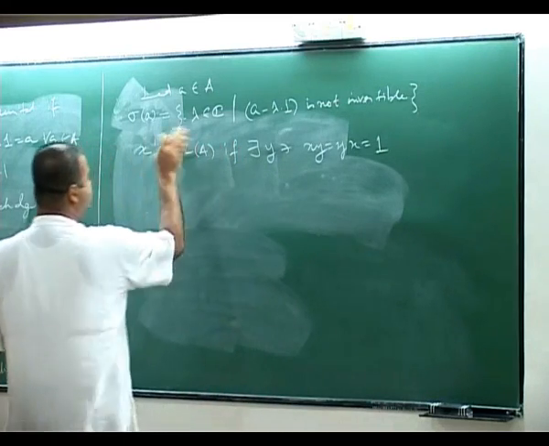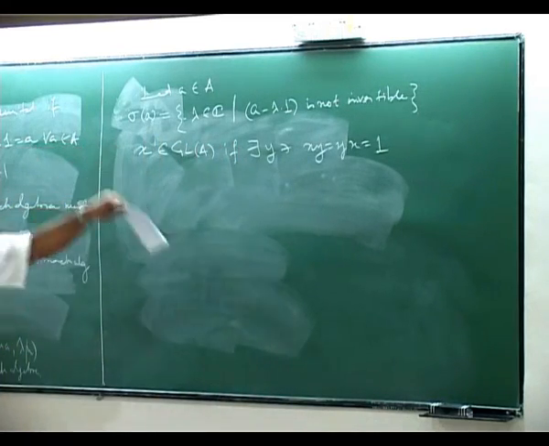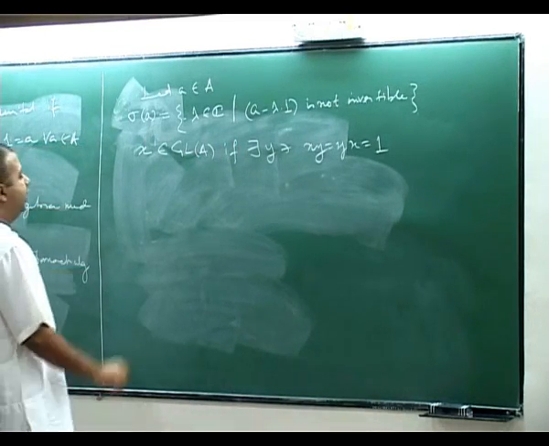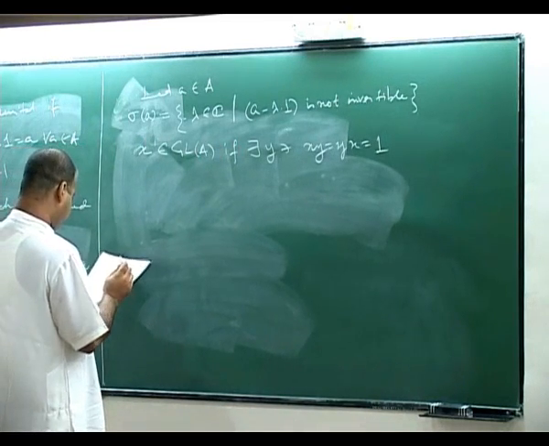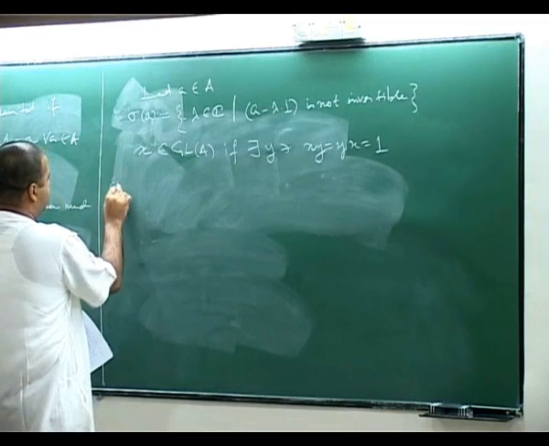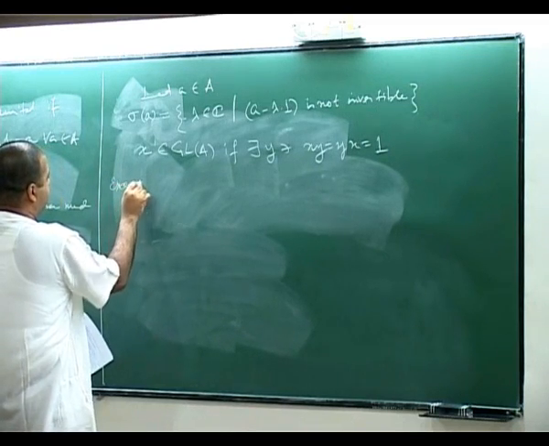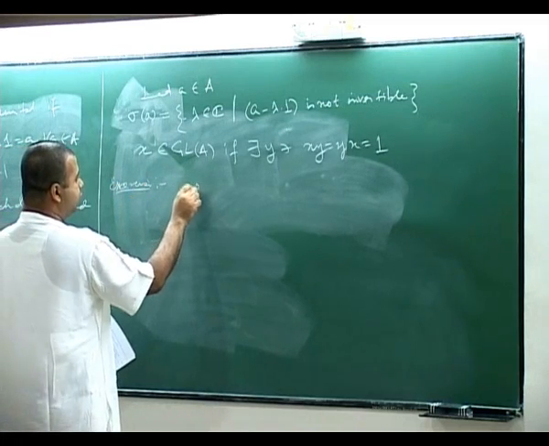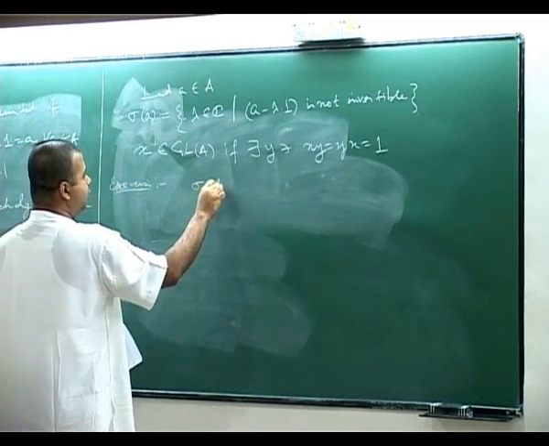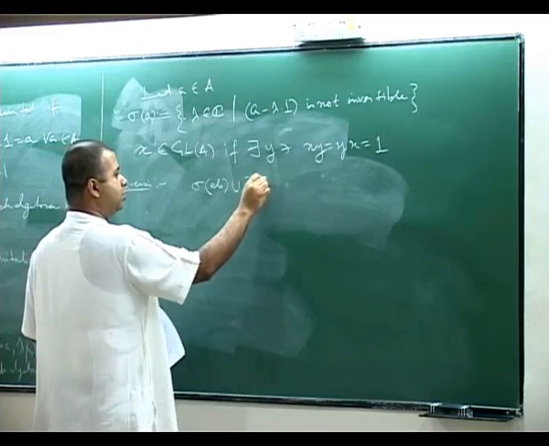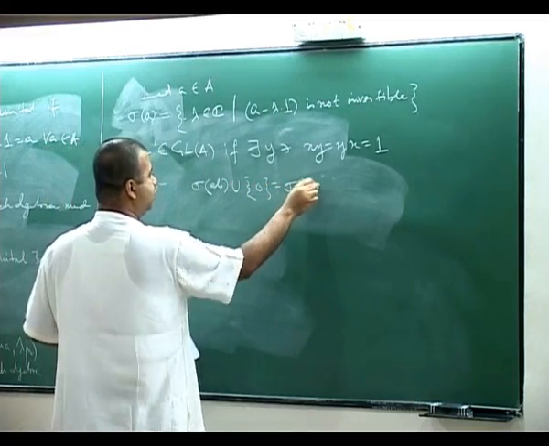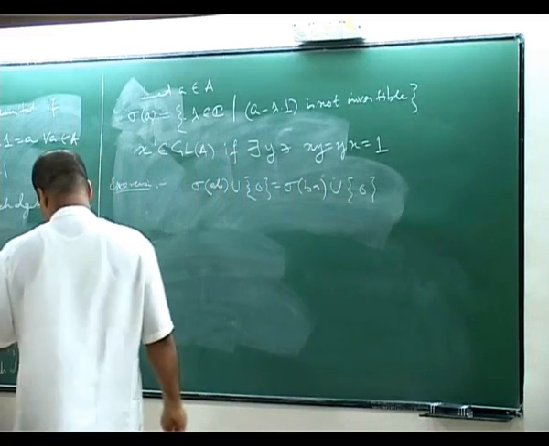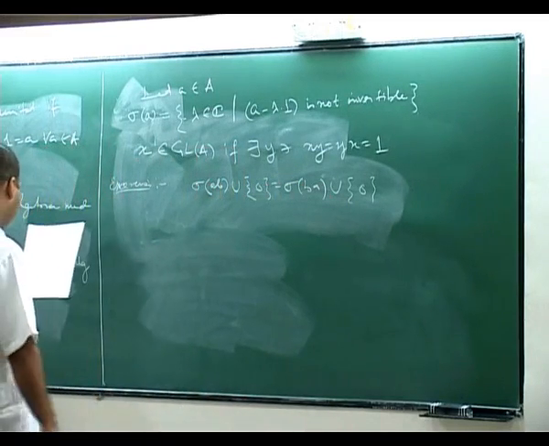So spectrum of A is all those complex numbers such that A minus lambda is not invertible, and yeah. This is an exercise.